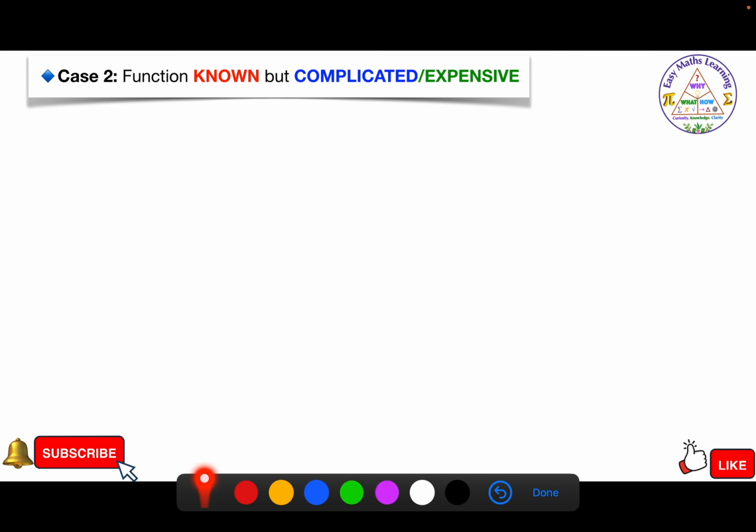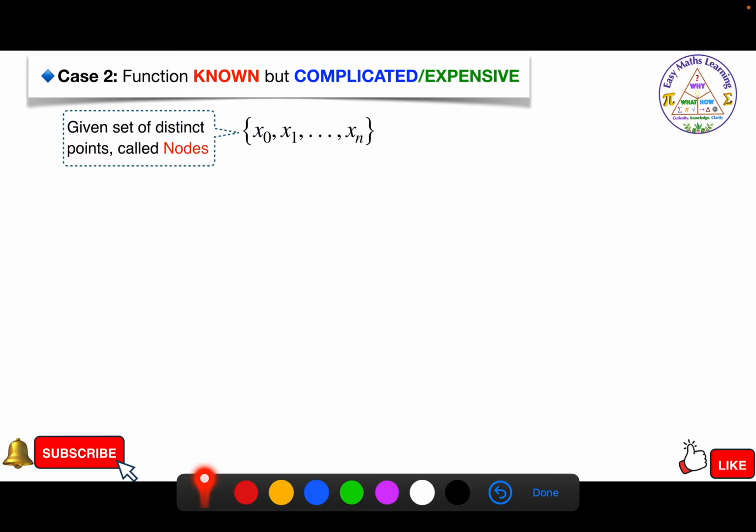Now, in case 2, when function is known, but it is complicated or expensive to compute. So again, we suppose these are the n plus 1 distinct points called nodes, and a complicated function which we denote by f(x).